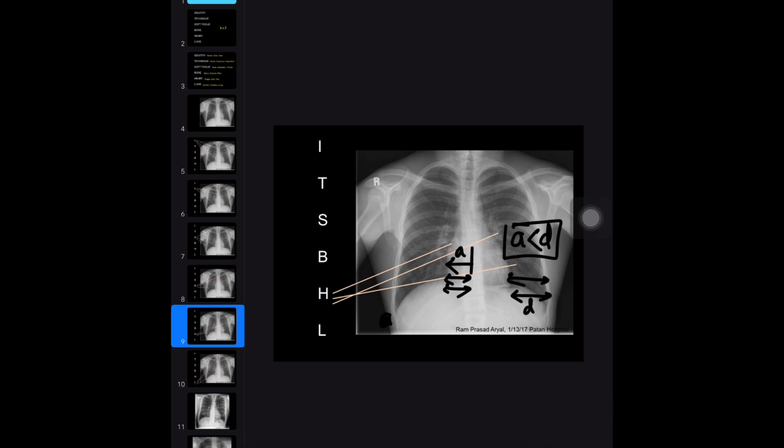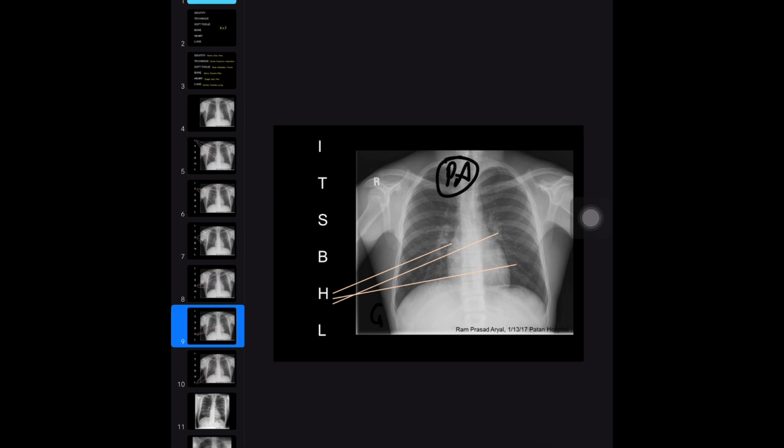So if A is greater than D, then there will be cardiomegaly, okay.